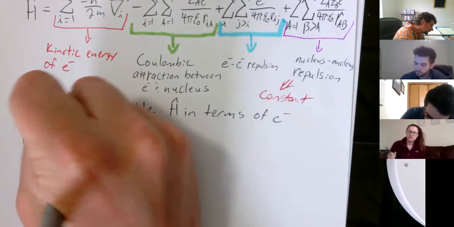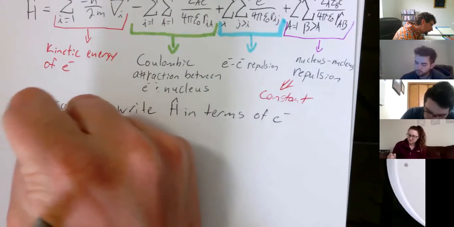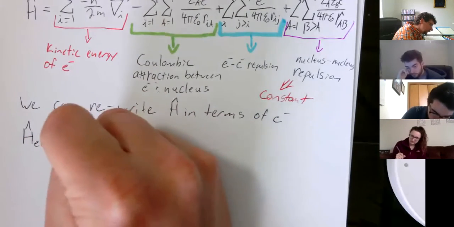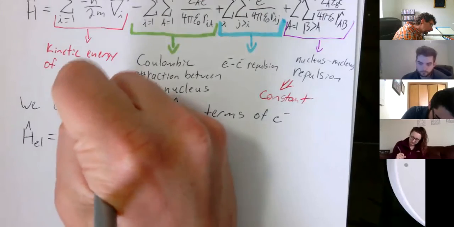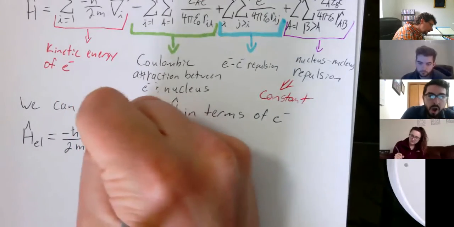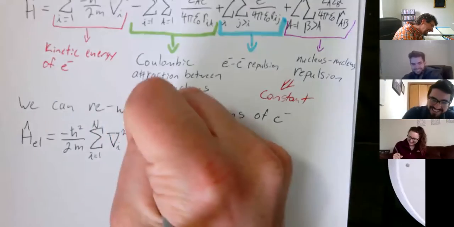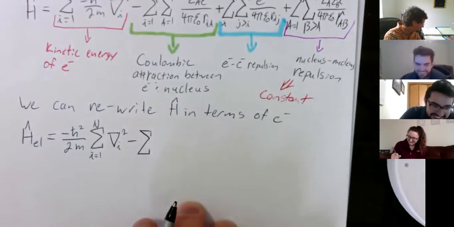So we get negative h bar squared over 2m, summation. I know, quantum mechanics, man, right?